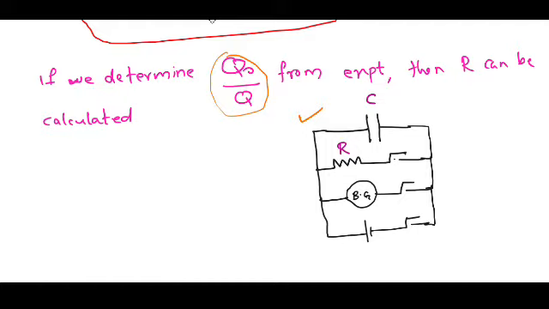The first key is K1, K3, and this is K2. Now, this is a ballistic galvanometer. BG is nothing but ballistic galvanometer.